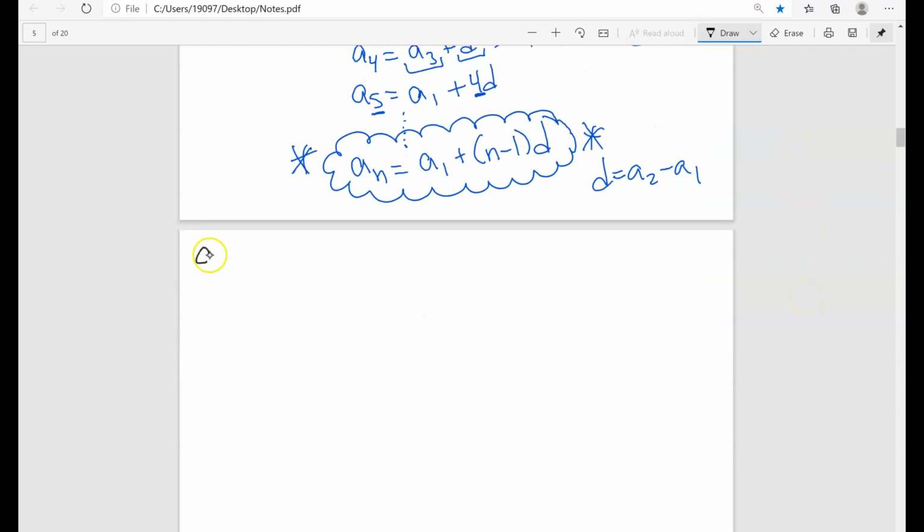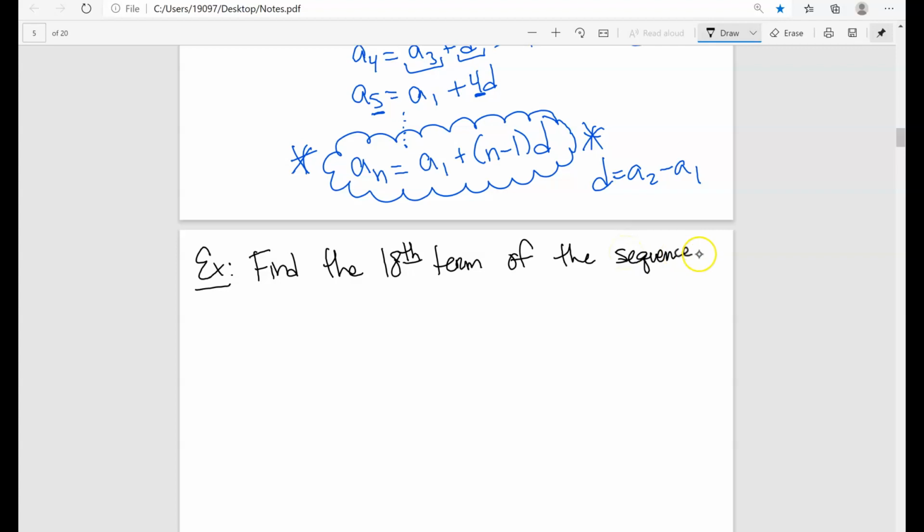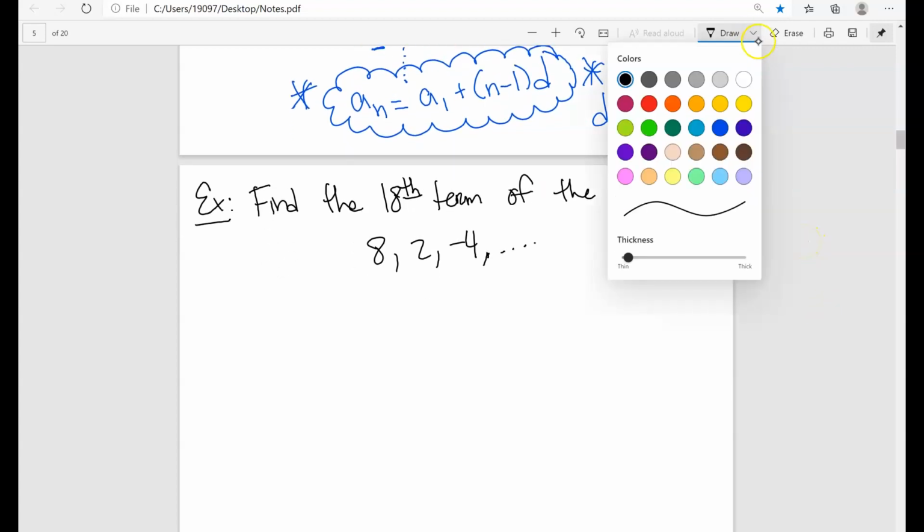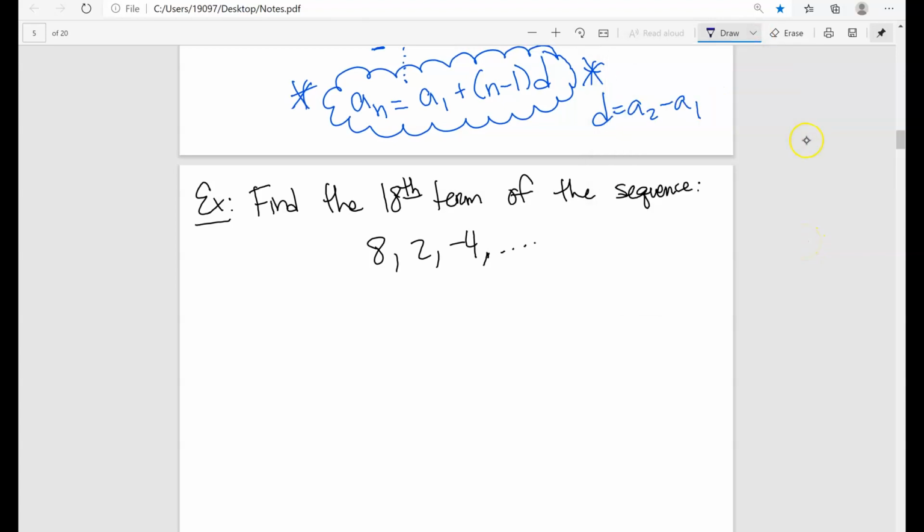Let's say we want to find the 18th term of the sequence. Okay, so we have 8, 2, -4, and so on and so forth. In this case, let's first start off by finding the general formula, and then we can just plug in 18 afterwards.